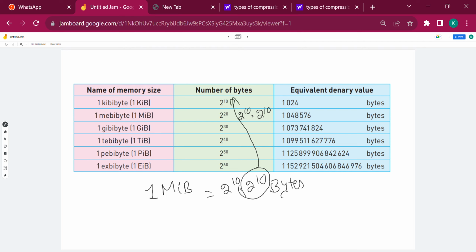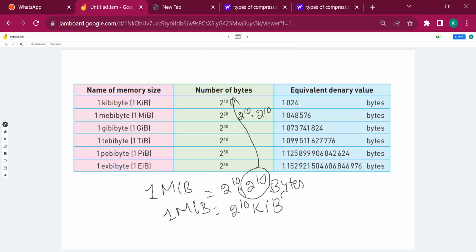So 1 mebibyte is equal to 2 power 10 kibibytes. This technique would be really helpful for you to convert larger units into smaller units or smaller units into larger units. So one more example or conversion we can try out.